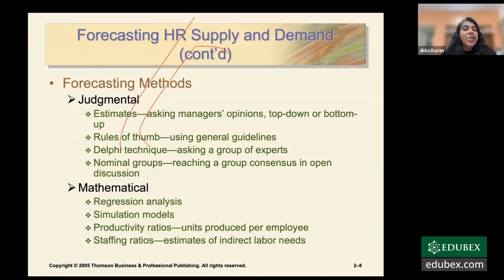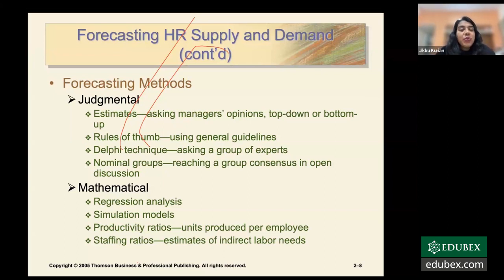We recreate situations and try to understand how people react during that situation. Based on that, we reach an analysis that if this kind of situation happens in real life, then this many people can exit the organization, or this many people can stay back while others exit.